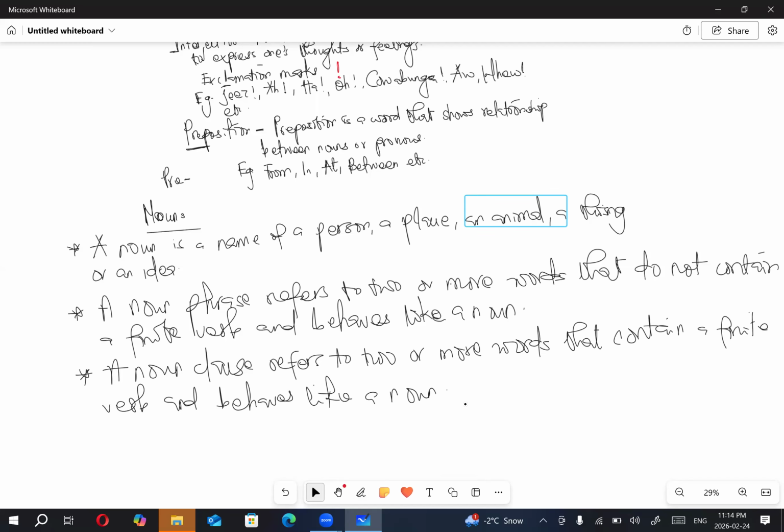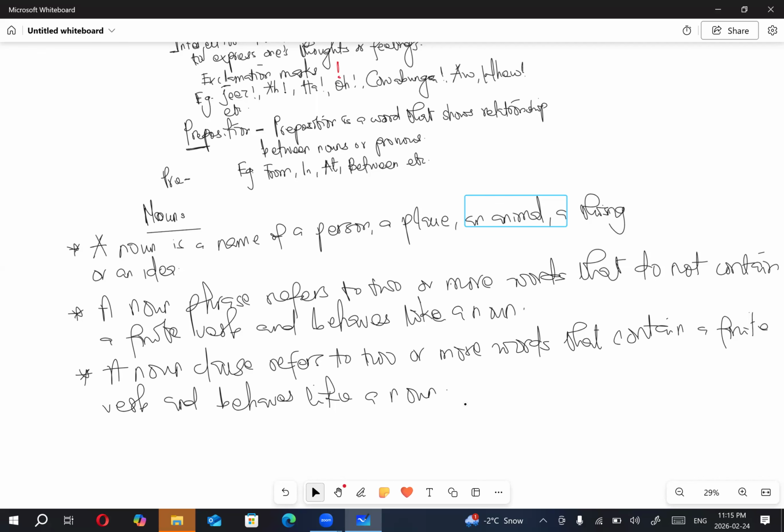All right. So a noun phrase refers to two or more words that do not contain a finite verb and behaves like a noun. Then, a noun clause refers to two or more words that contain a finite verb and behaves like a noun.